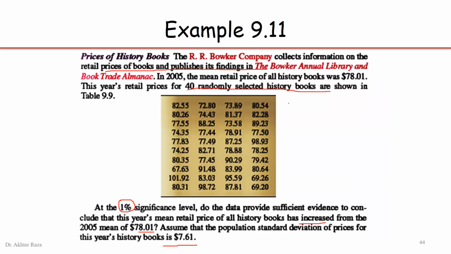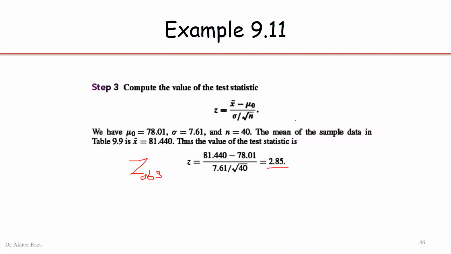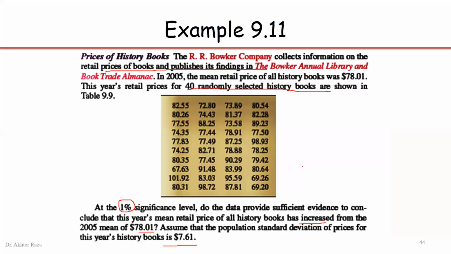This problem is again considered by the p-value approach. Steps number 1, 2, 3 are the same. I am not repeating these 3 steps because they are already recorded. In step number 3, the value is computed as 2.85. This is called Z observed. Now, 2.85, and our region is what?